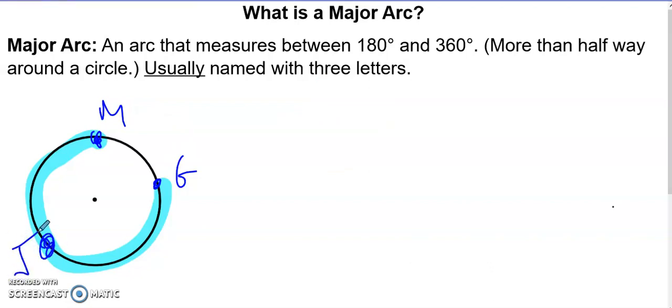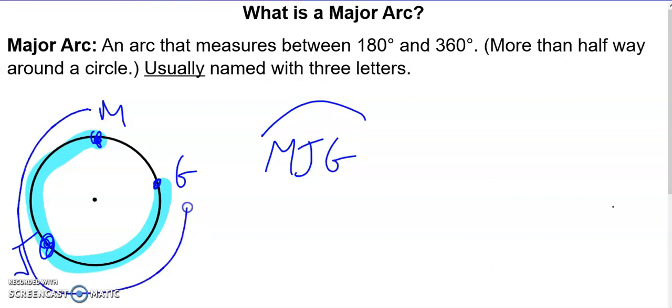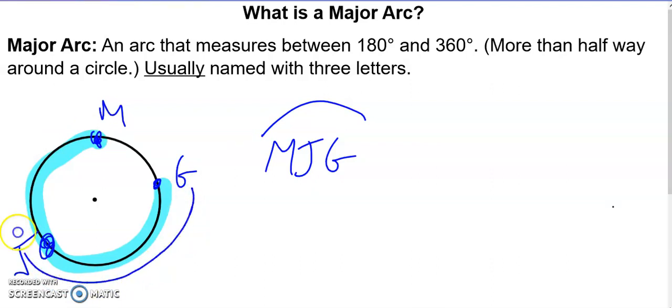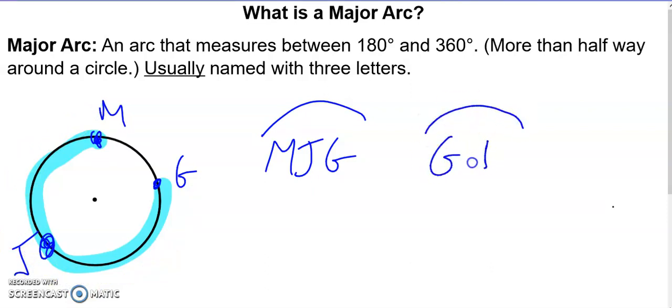Start at one of my endpoints, M, go through J, end at G. So this would be called arc MJG. You could also say GJM. We can say it either way, but J has to be in the middle, because if you use 2 letters, usually that is a minor arc. You can name minor arcs with 3 letters, but normally it means a major arc.